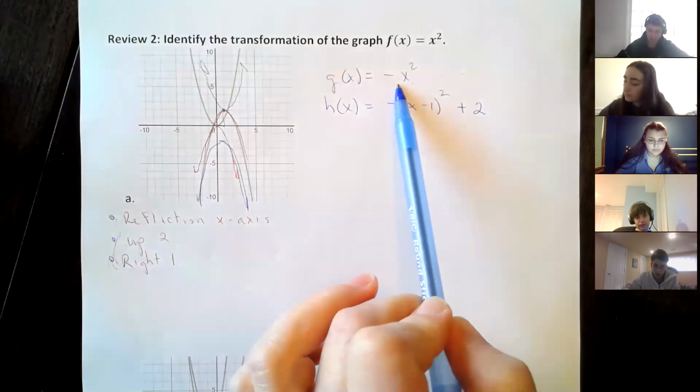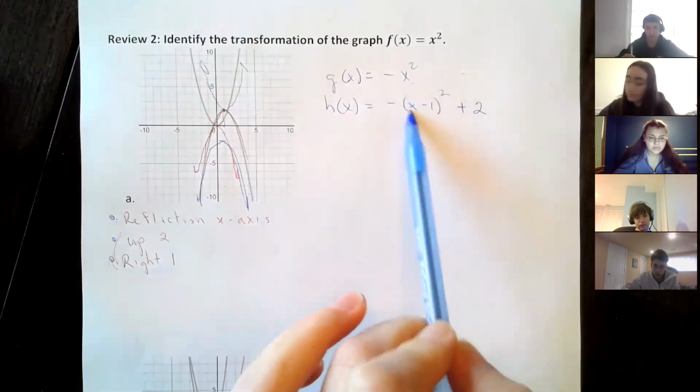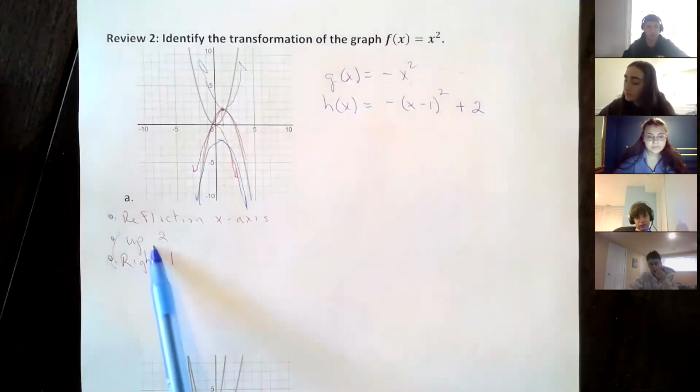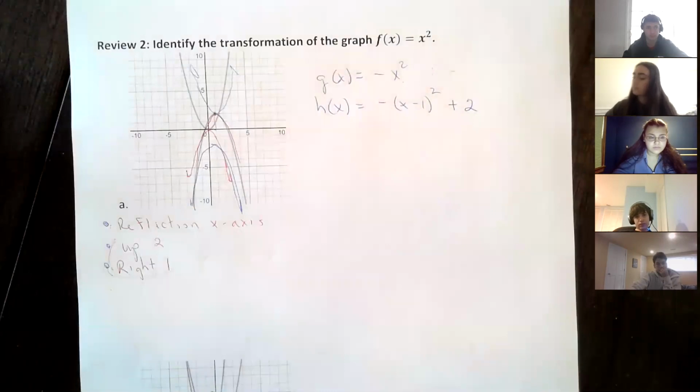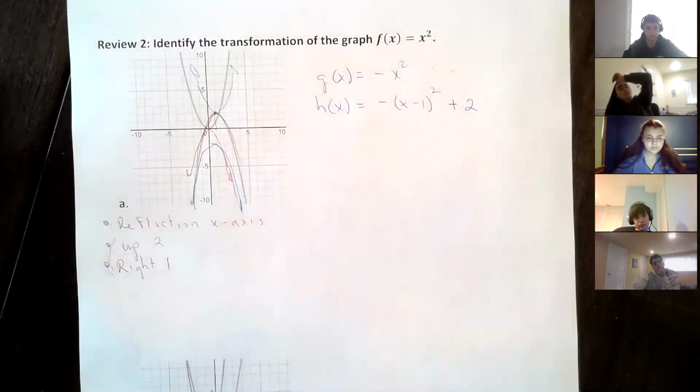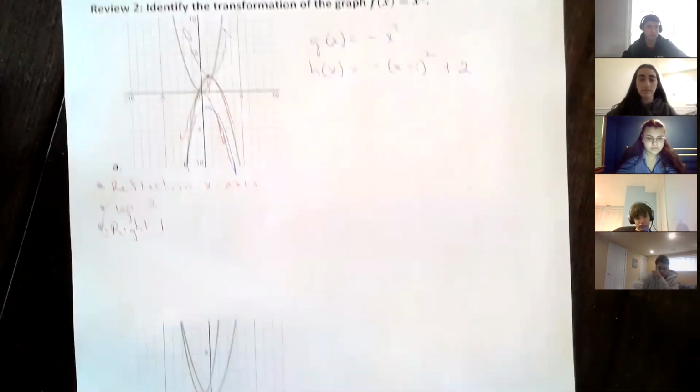I took my function and replaced x with x minus 1, and I took that function and added 2 at the end. So this works if you algebraically do the transformations in the order they were given. If you had done the minus 1 and up 2 first, you would have all of that in parentheses and then the negative, so it would have gone down 2 instead of up 2.